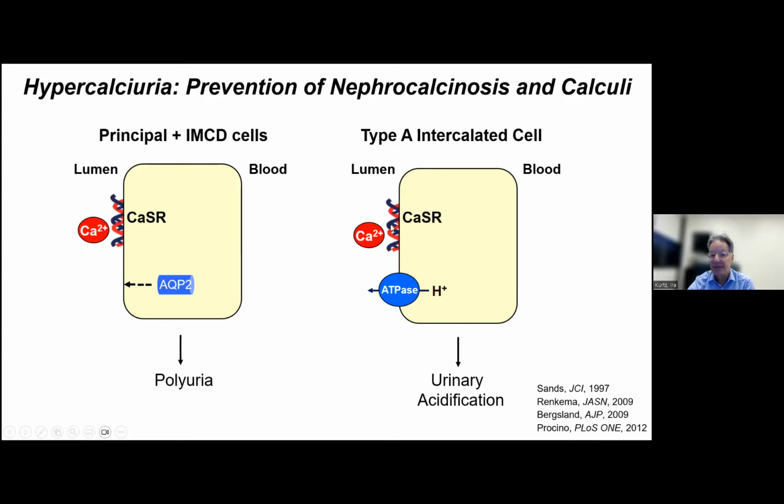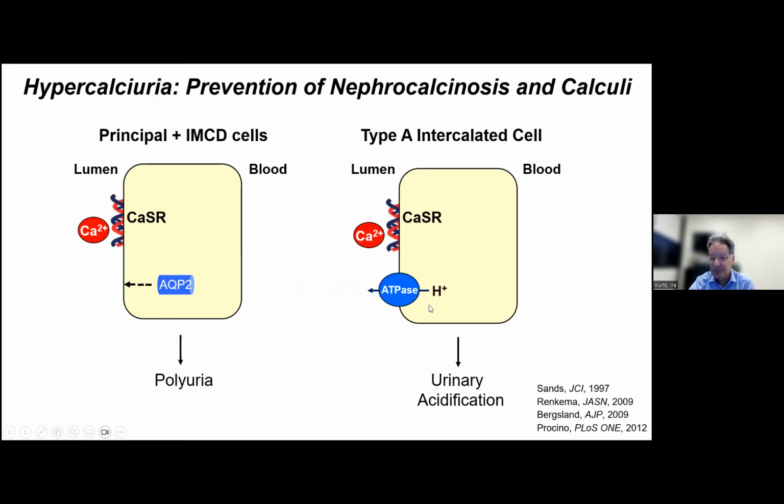The other thing that happens is it actually stimulates urine acidification in the type A intercalated cell. It's one of the factors that is felt to stimulate proton secretion. Mechanism not clear. And that's good too, because that prevents calcium phosphate from coming out of solution. So not only do you dilute the urine when you have hypercalciuria, but you actually stimulate urine acidification.